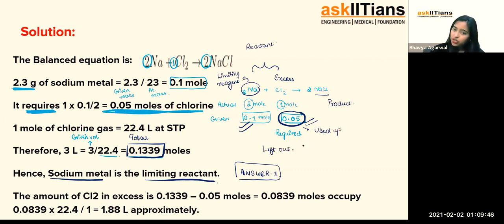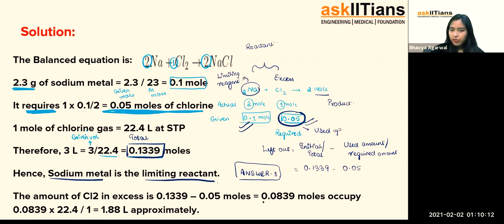What I had initially, the initial or total amount, minus the used amount or the required amount. That is 0.1339 minus 0.05.